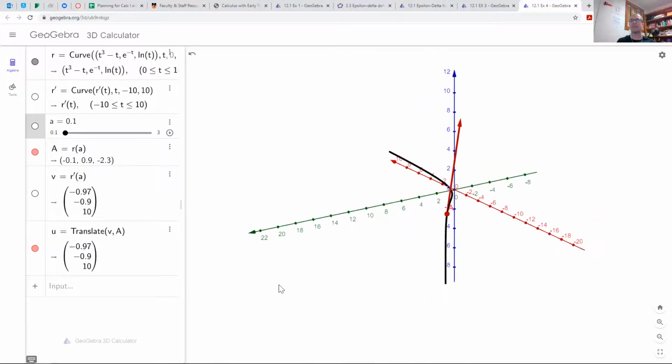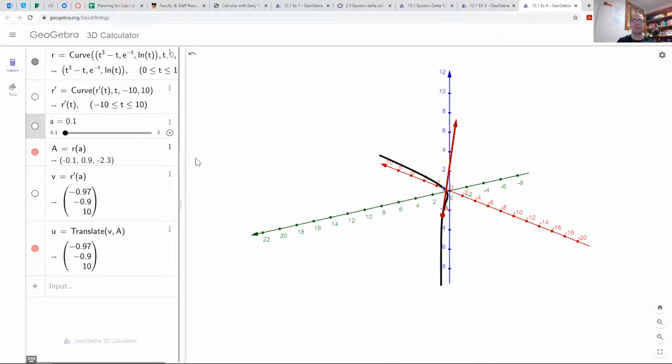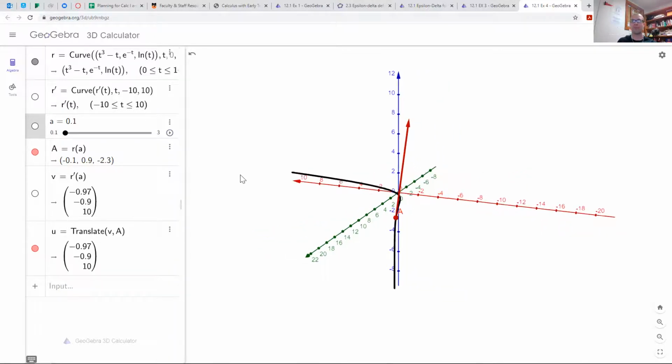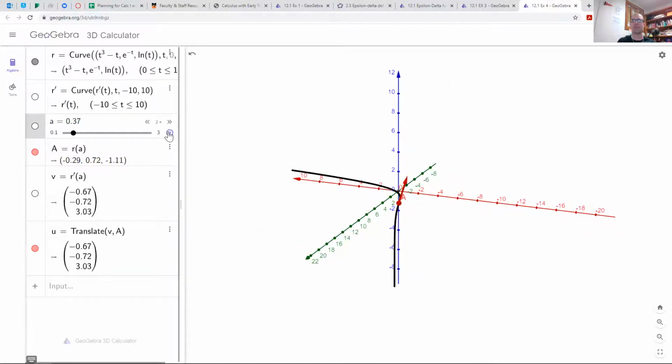But I kind of like to put this vector with its origin at the point where we're evaluating the derivative, so that we can see that this vector just zooms along the path, and the magnitude of that vector gives you an indication of how fast the point is moving with respect to t.